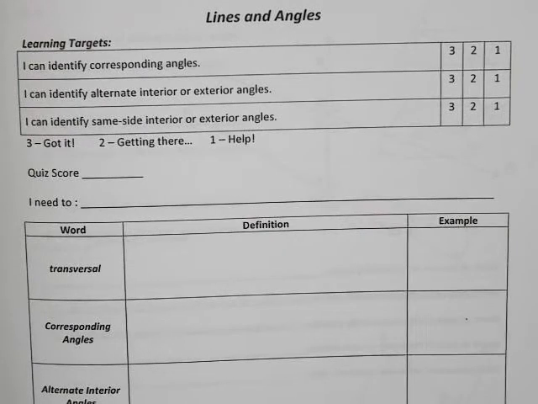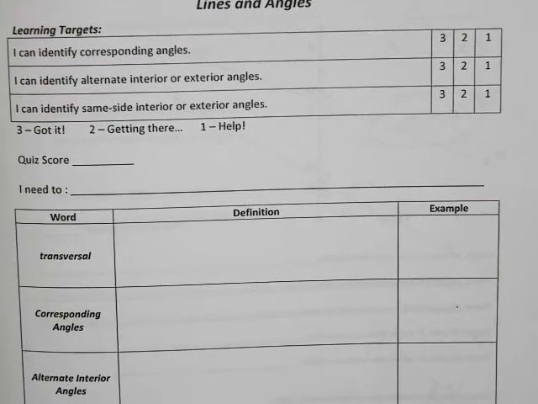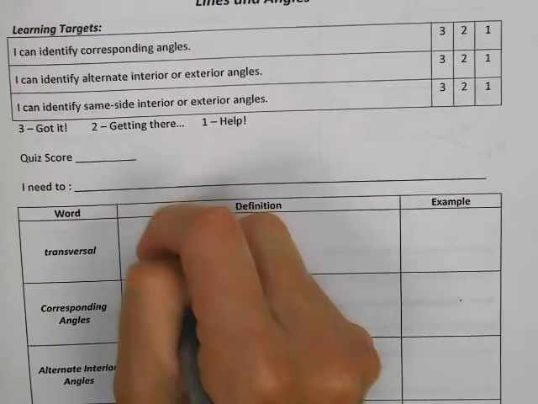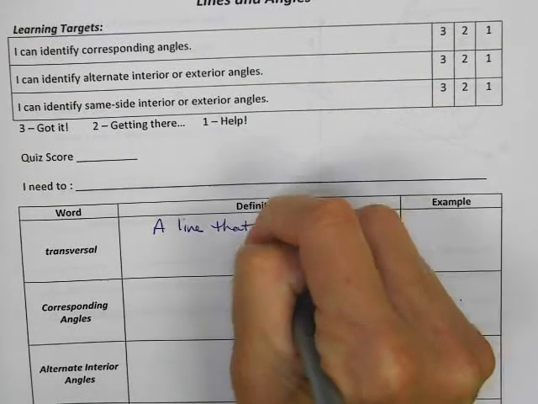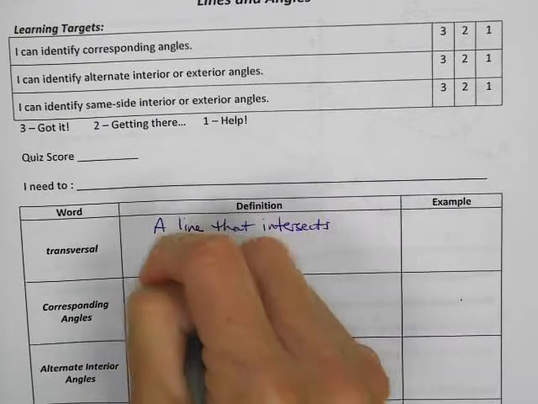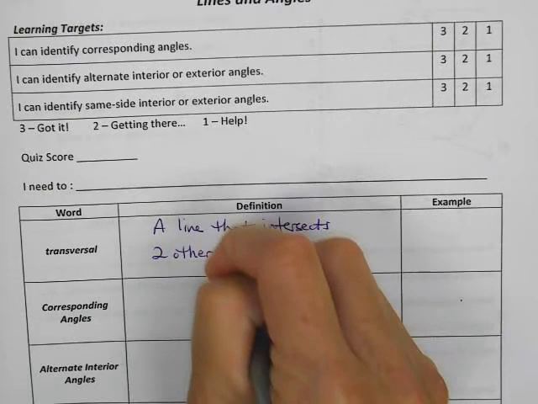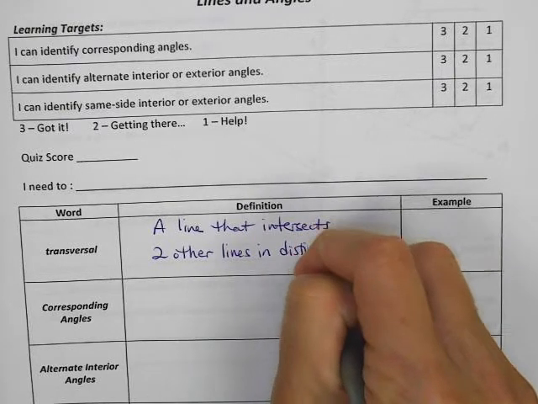So to define these angles, we first need to define a word called a transversal. And a transversal is a line that intersects two other lines in distinct points.